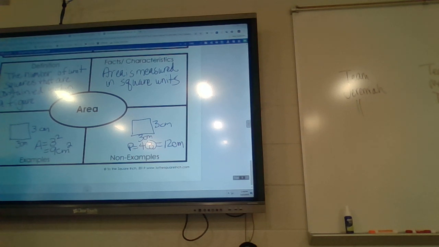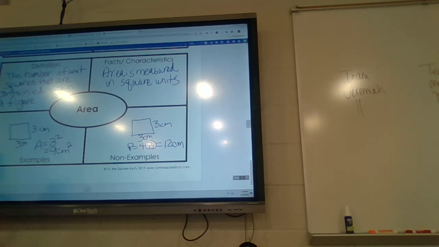For the non-examples, can you put something totally different because it's technically not? That's perimeter.